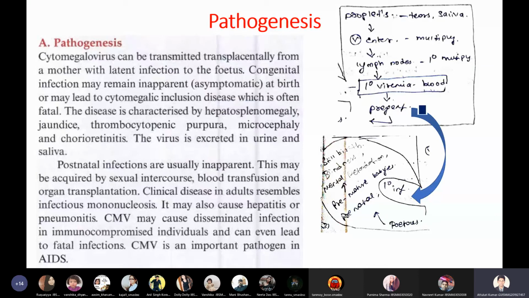Then if this virus infects a woman, upon primary infection, this virus will start moving through the blood and migrating towards the fetus.